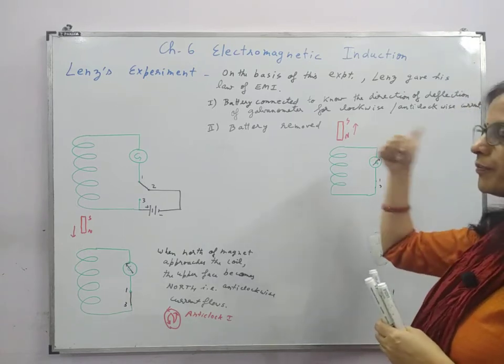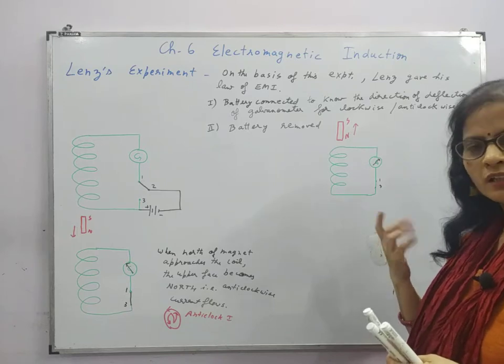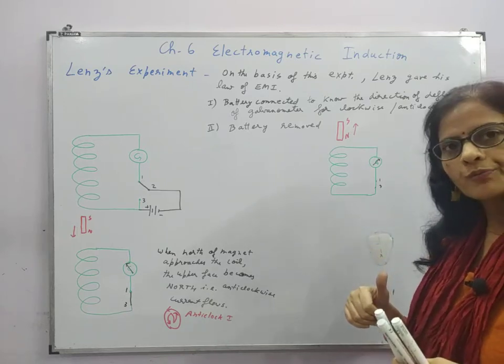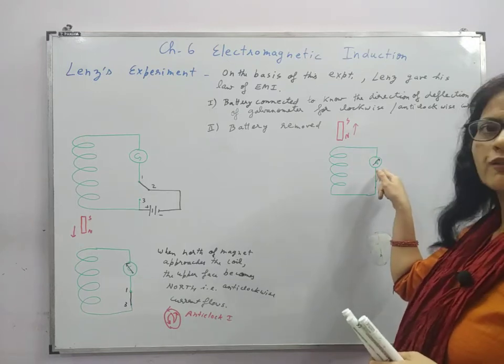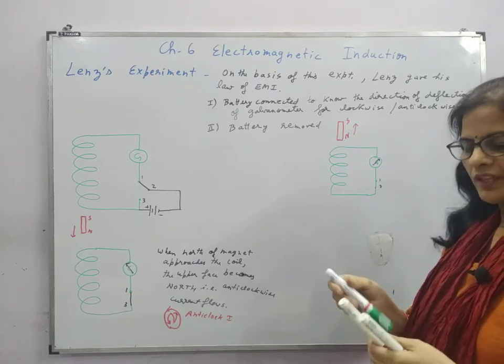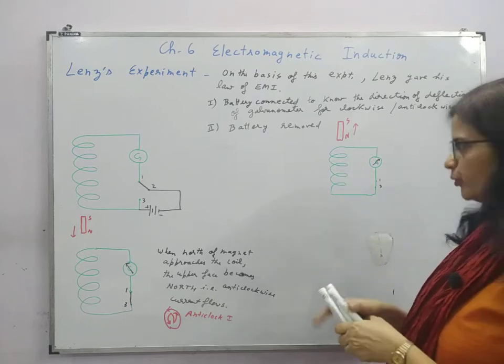So that means it is opposing the receding away. How do we get that this face is south pole? The current direction according to the deflection of the galvanometer shows that it is clockwise current. That means the upper face would have become south pole.